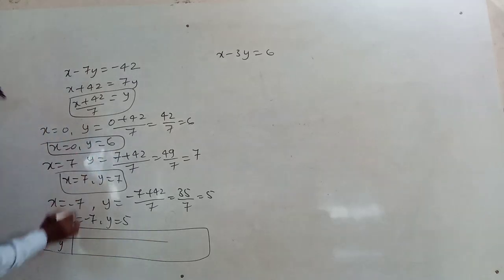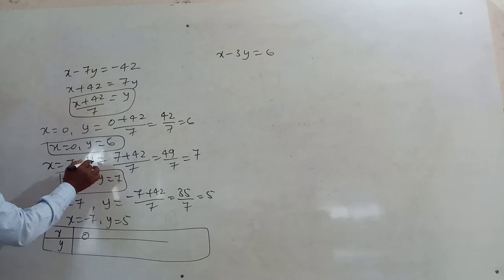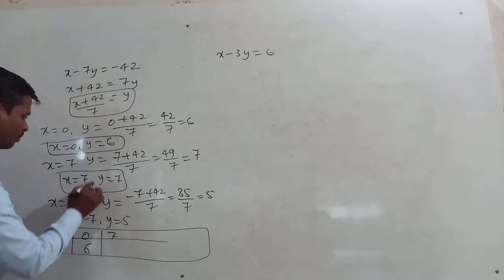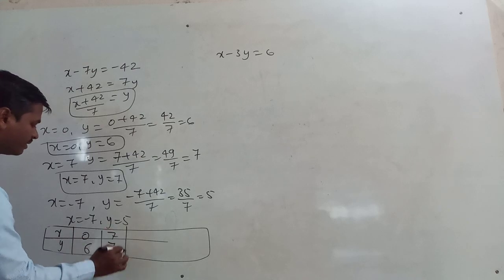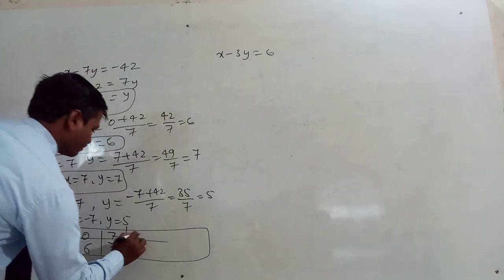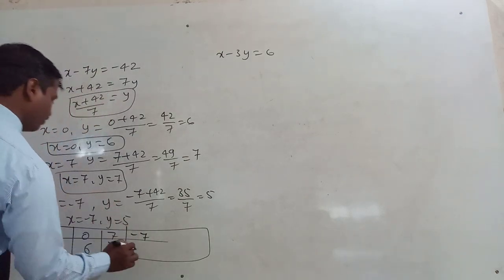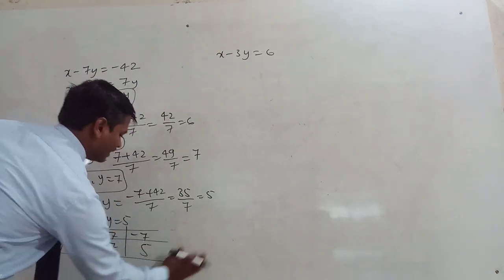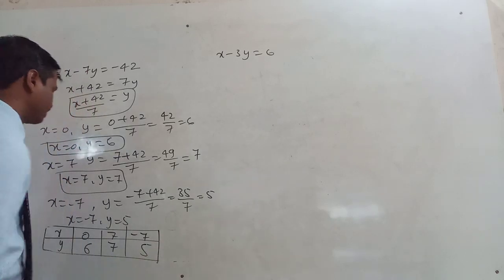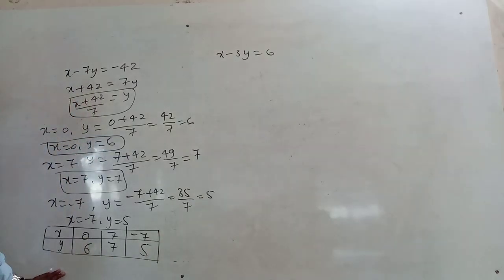If x is 0, y is 6. If x is 7, y is 7. If x is minus 7, y is 5. These are three pairs of x and y coordinates.